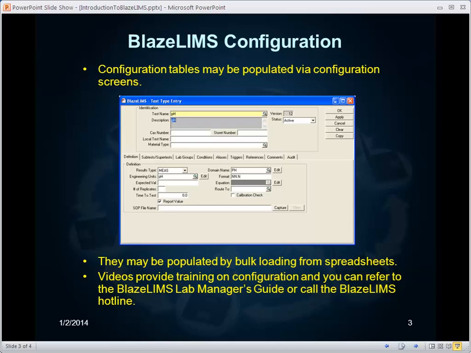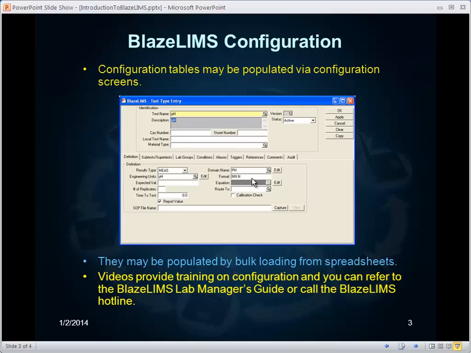When doing BlazeLIMS configuration, configuration tables may be populated via configuration screens. For example, on the screen for defining test types, you can enter a name, a description, units of measure, and format codes for rounding. In addition, configuration tables may be populated by bulk loading from spreadsheets.